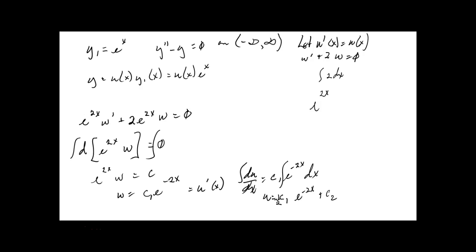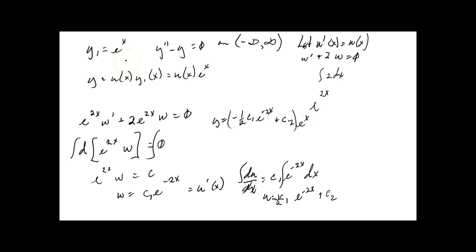Now, if we go back to our y here, y is equal to u, which is negative 1/2 C1 e to the minus 2x plus C2, times y1 of x, which was e to the x.